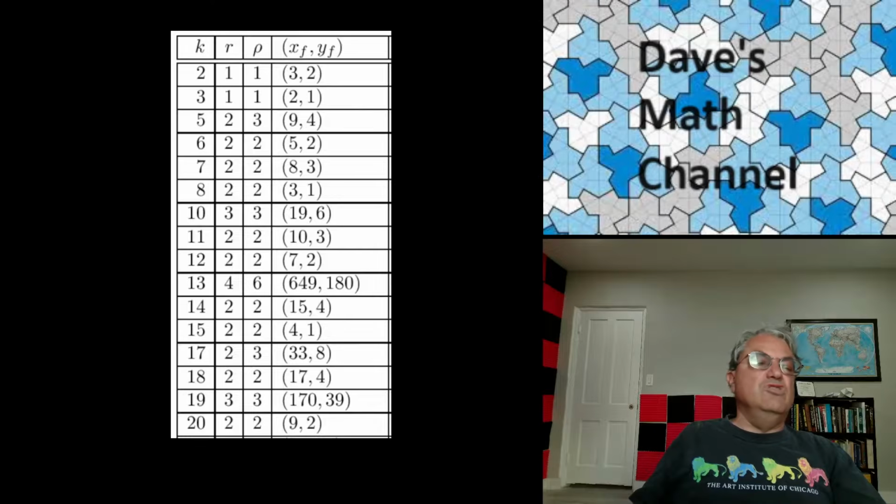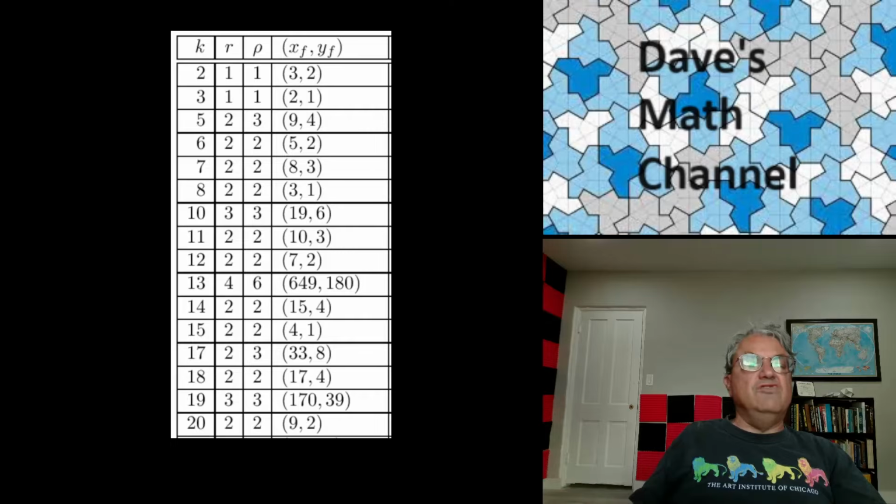But what I think is a little weird about this, notice that most of these solutions have pretty small values of x and y, fundamental solutions, xf and yf, but some of them are pretty big. Like look at 13. For 13, the fundamental solution is 649 comma 180. It's a little strange that that one's so big, so much bigger than all the others. 19 is kind of big too, 170 comma 39.